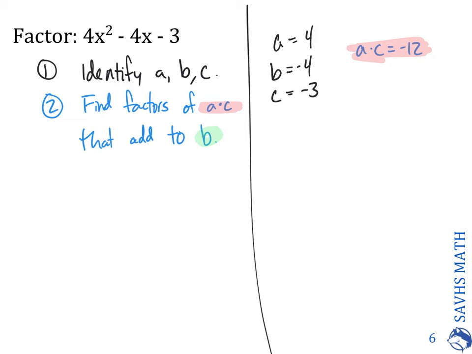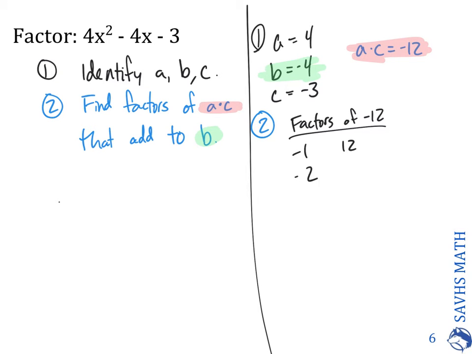B is negative 4. So what are the factors of negative 12 that add to negative 4? So let's write them out. I could have negative 1 and 12. I could have negative 2 and 6. I could have negative 3 and 4.